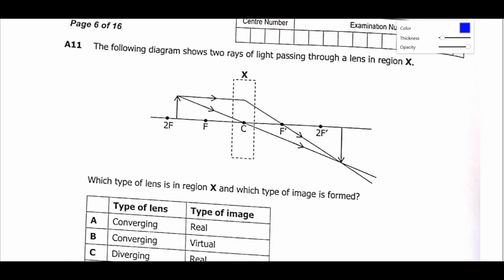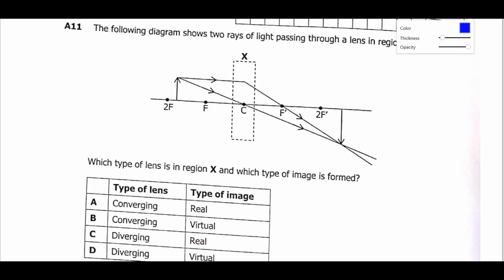The following diagram shows two rays of light passing through a lens in region X. What type of lens is in region X and which type of image is formed? So if you look at this ray of light, what is happening to it after passing through this X?